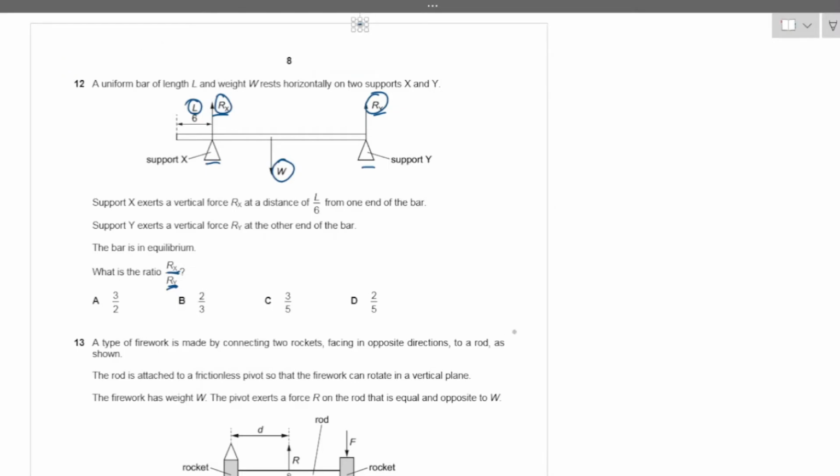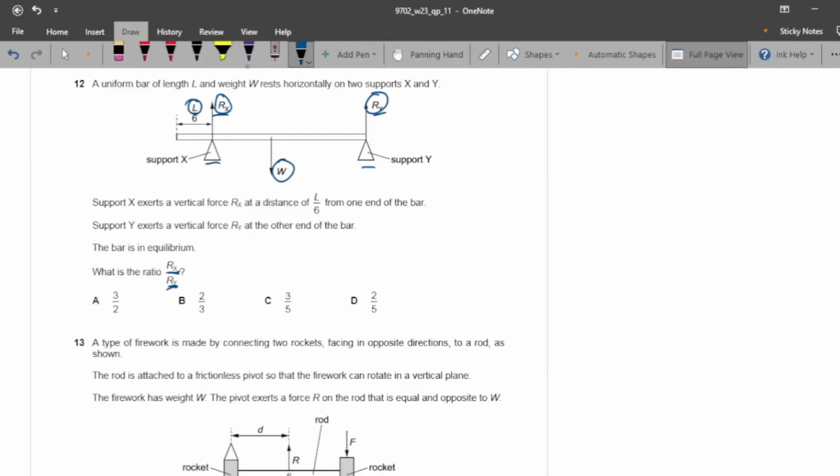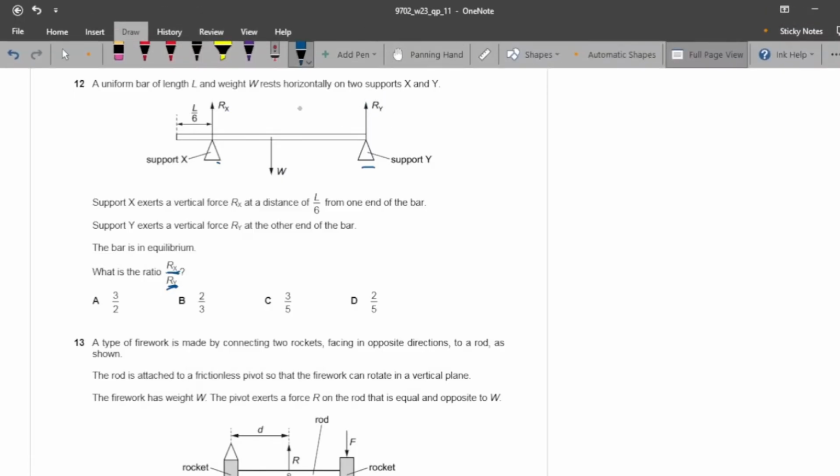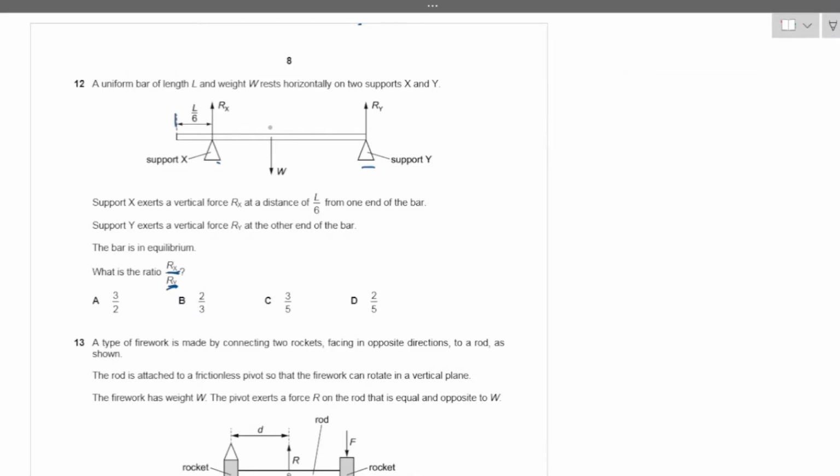So we see W is acting at some distance, but what distance? We do not know that. Well, we know that this is a uniform bar. That means the distance from the edge to here would be L by 2.